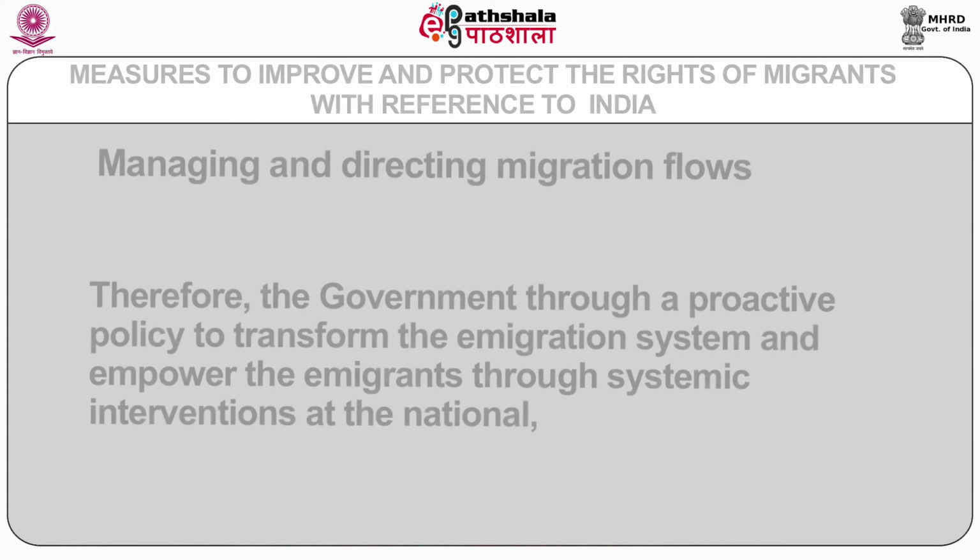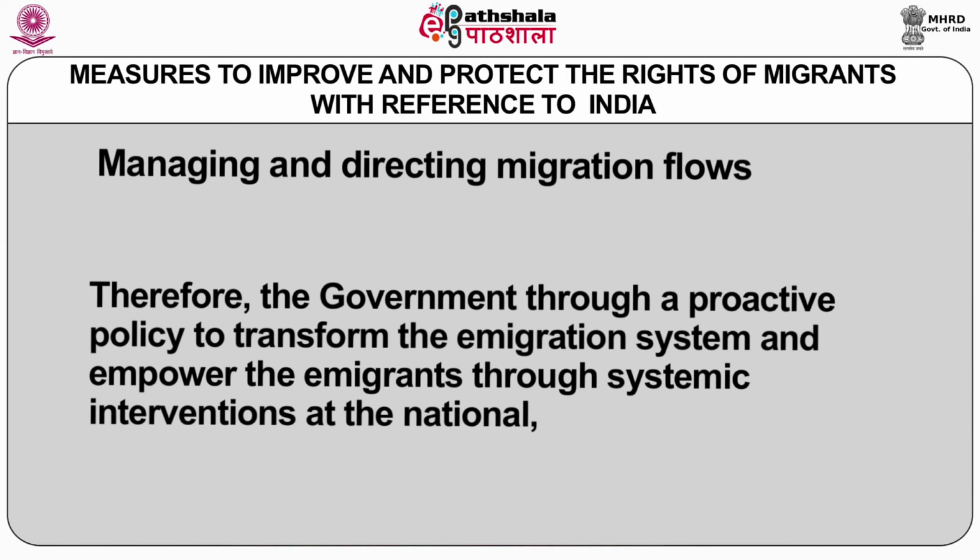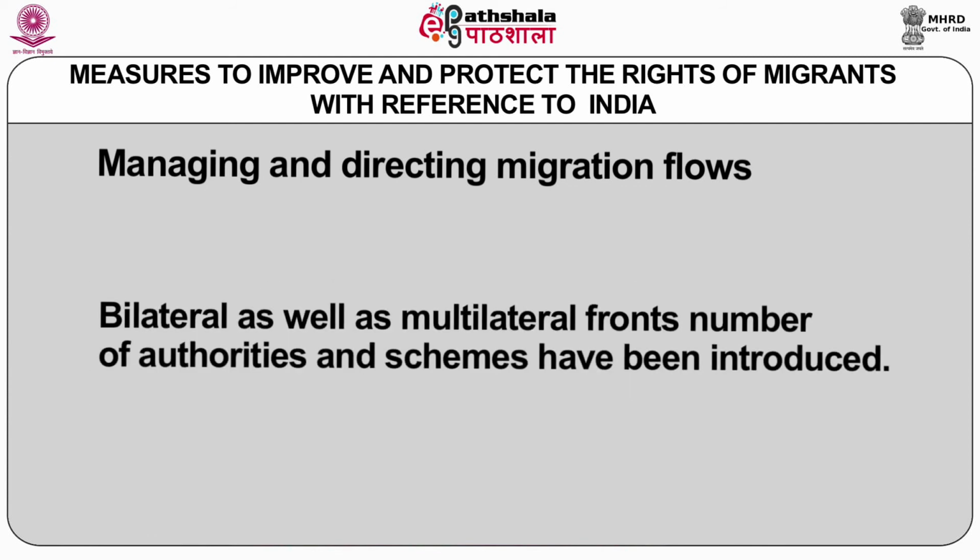The increase in migration as well as the policy of localization by host countries further reduces the immigration benefits to the worker. Therefore, the government, through a proactive policy to transform the immigration system and empower the immigrants through systematic interventions at the national, bilateral as well as the multilateral fronts, has introduced a number of authorities and schemes.